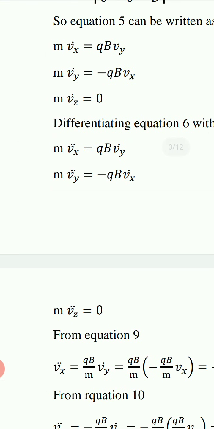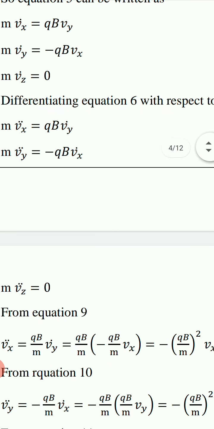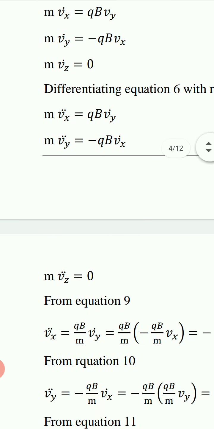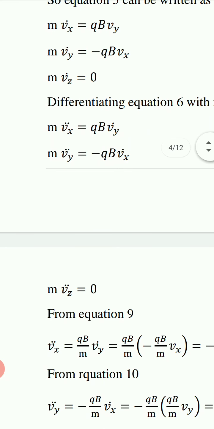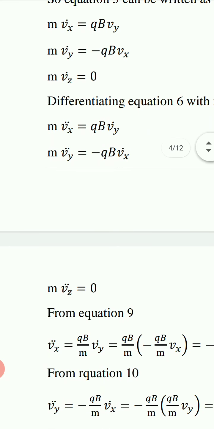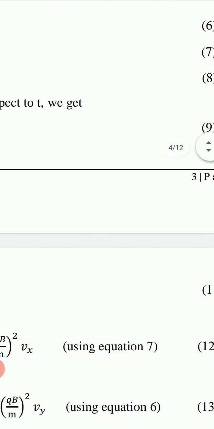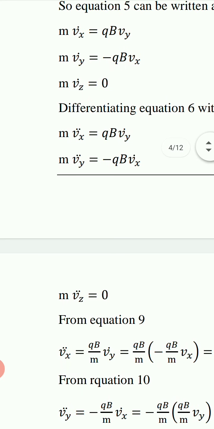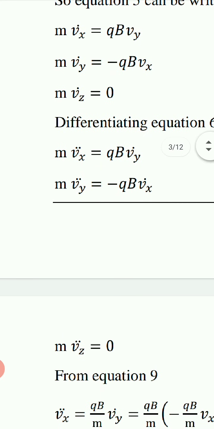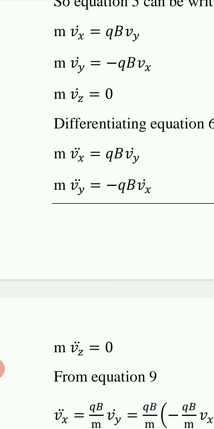So we now have three equations of motion in terms of vx dot, vy dot and vz dot. If we differentiate this equation 6, m vx dot equal to q b vy, with respect to t, then we get m vx double dot.